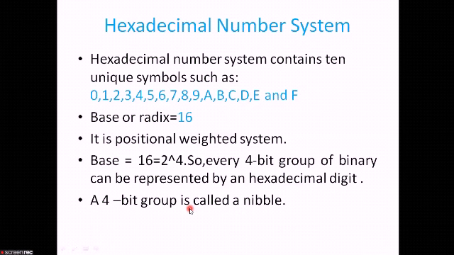It is the most useful and commonly used number system in computer literature. It is also used in small and large computers. So we have seen the overview of the hexadecimal number system: it consists of 16 symbols, its radix or base is 16, it is a positional weighted system, and a 4-bit group is called a nibble.